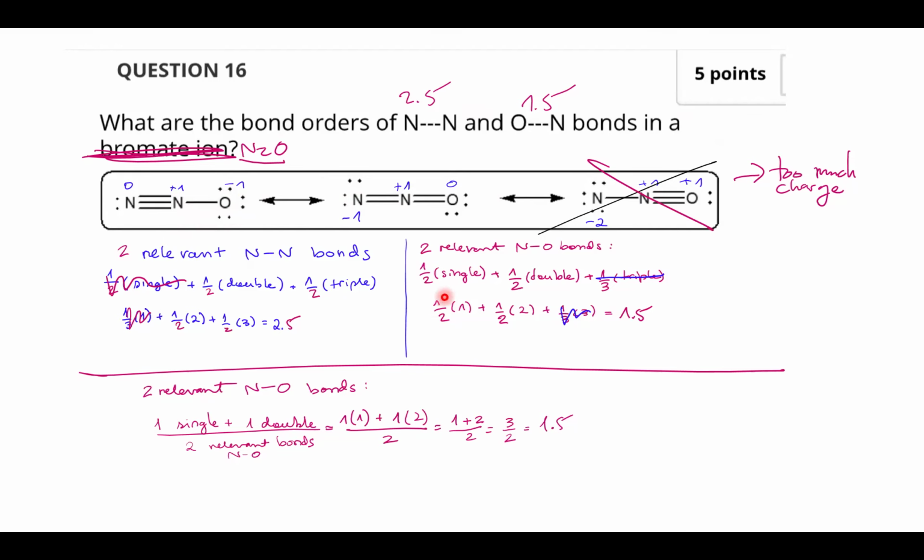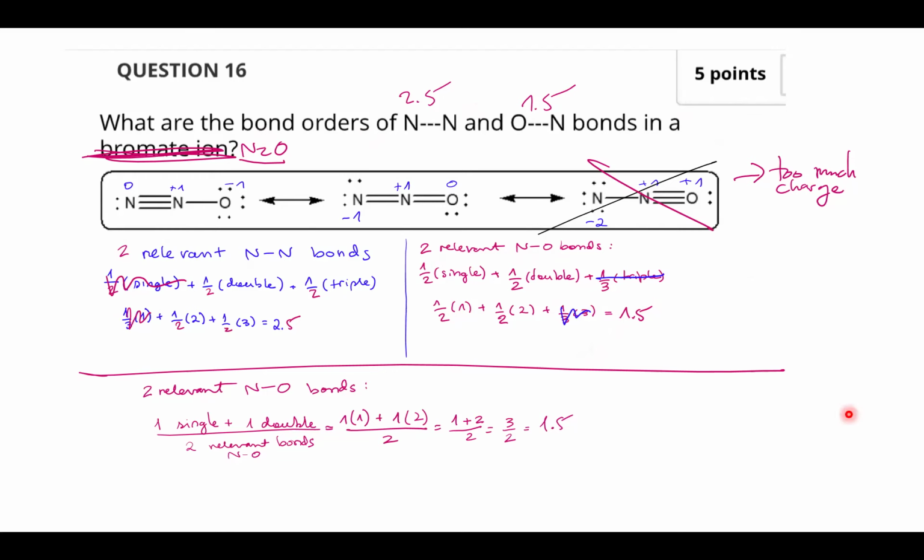So it will be 1 over 2 times single, plus the same thing as before: only one of these two has a double bond in the NO bond. So 1 over 2 times 2 for double. When you do the math, it will be 1.5 for the bond order of N to O in nitrous oxide.